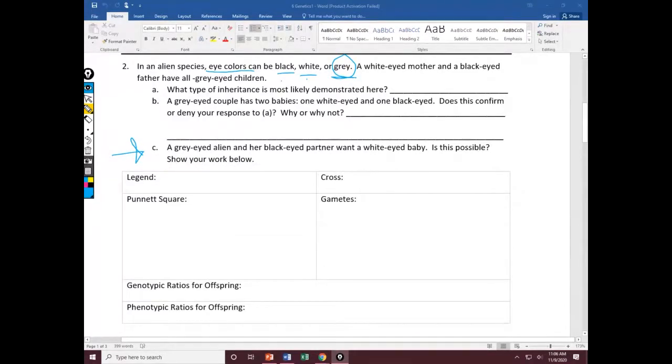Remember when we were looking at the definition of incomplete dominance, we said that that third one was a mixed or blended phenotype of the 2 dominants. That's what we see here. Gray is really an intermediate or a blend between black and white.